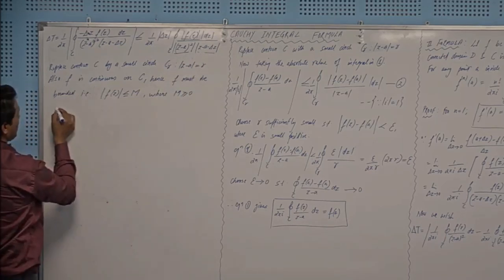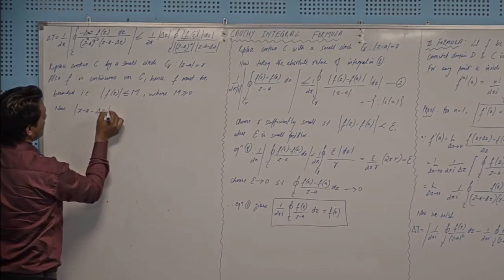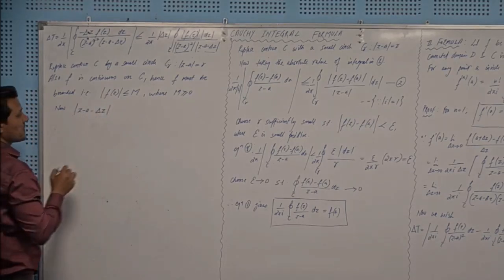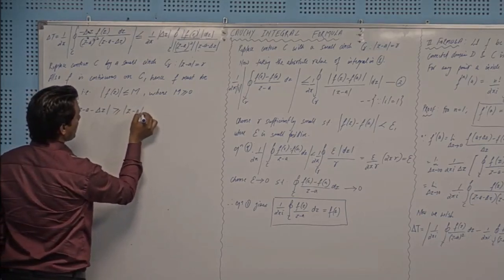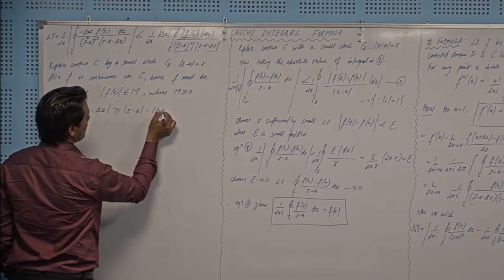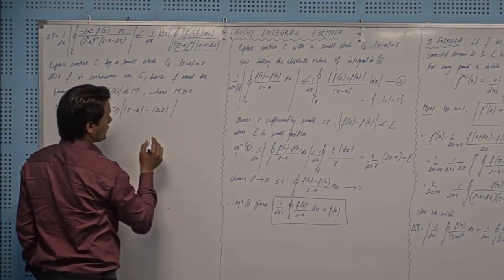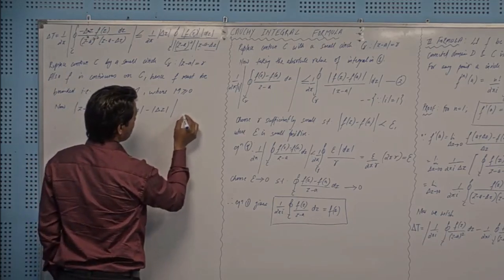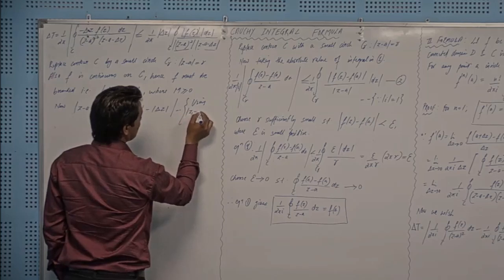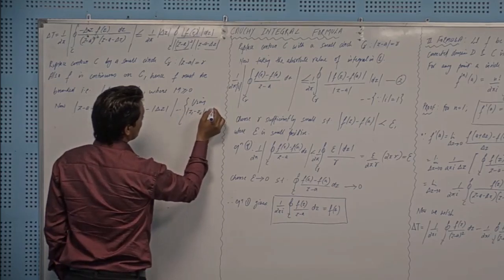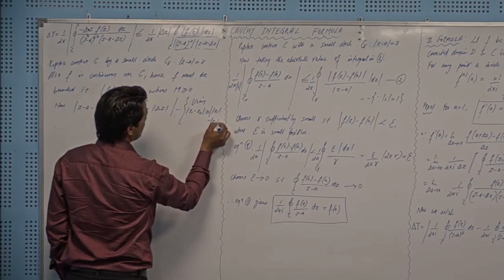Now the mod of z minus a minus delta z, if you watch it closely, we can write as greater than or equal to the mod of z minus a minus the mod of delta z, and the whole mod. I have used this inequality, the mod of z1 minus z2 is greater than or equal to the mod of z1 minus the mod of z2.